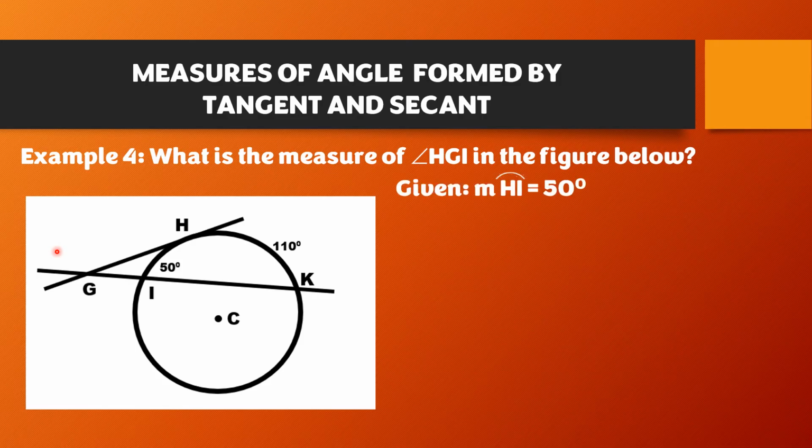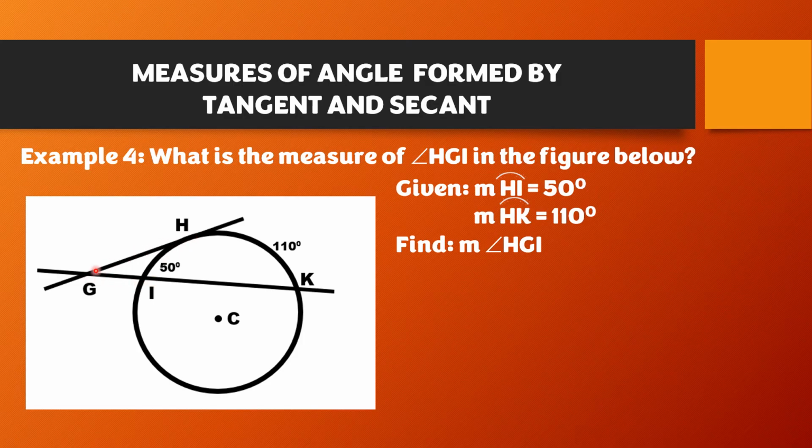For the given, the measure of arc HI is 50 degrees, and the measure of arc HK is 110 degrees. So we're going to find now the measure of angle HGI.